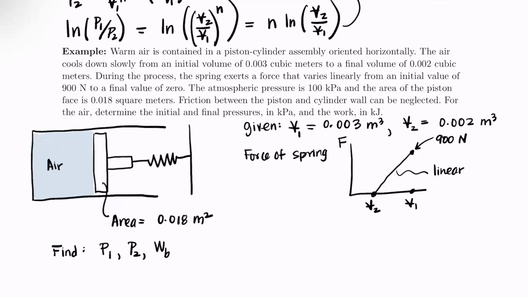So we're going to choose a control mass, which is the air inside of our piston cylinder assembly. So this is our closed system, which means that m is equal to constant.